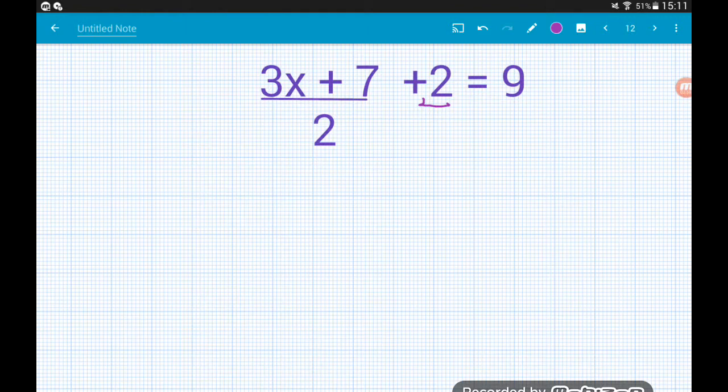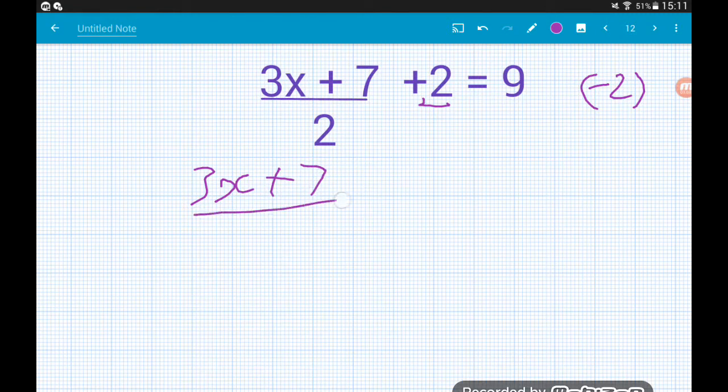So to move this plus 2, we're going to want to take it away, and that will leave us with 3x plus 7 over 2 being equal to 7.